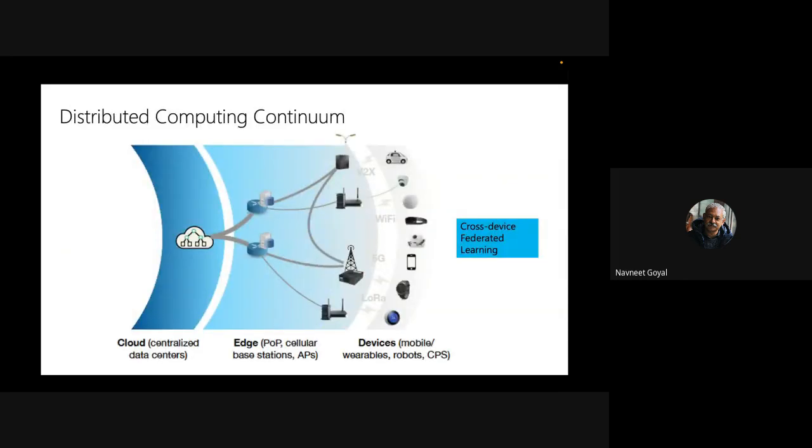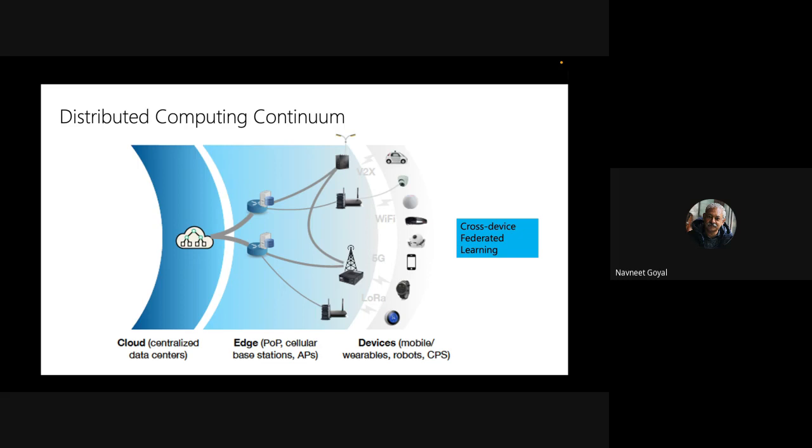So this is again the same thing, with some more annotations. You can see here the kind of network that you have between the edge, which is at the center, the cloud on the left, and the devices on the right. Many times we use wireless communication between these devices and the edge infrastructure.